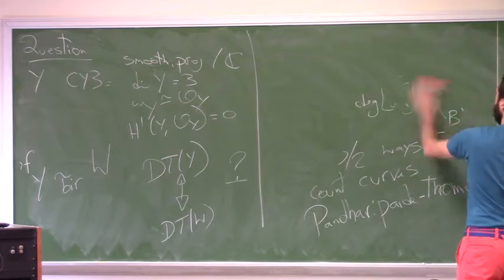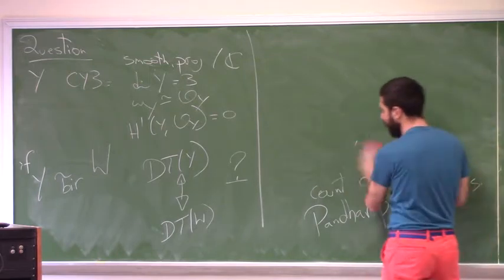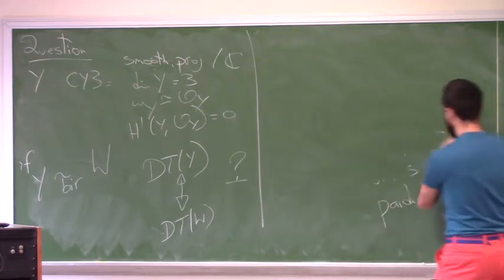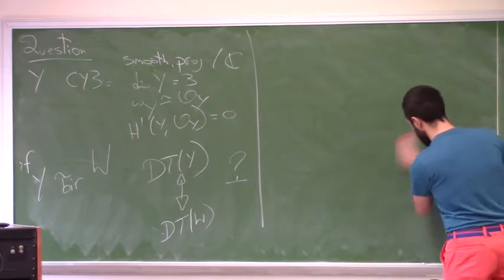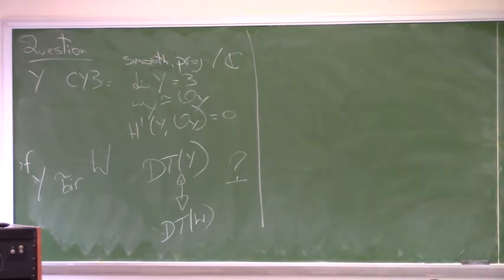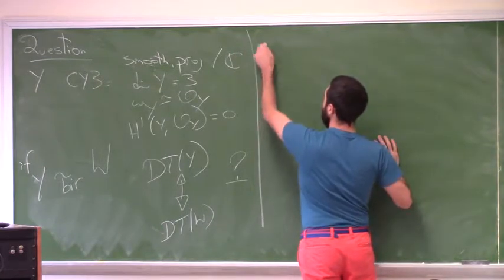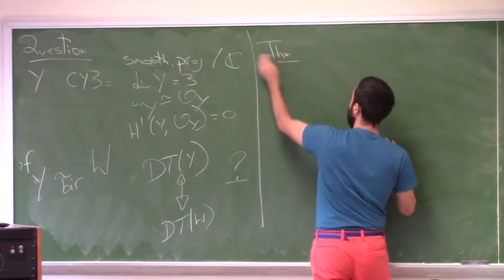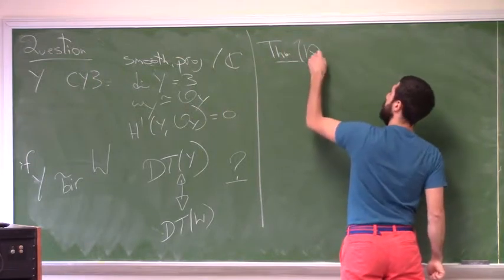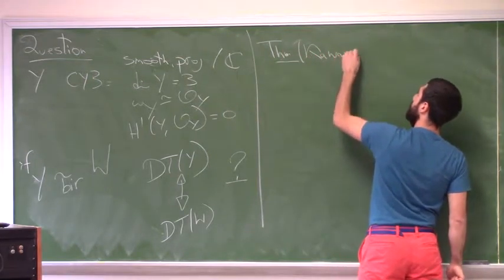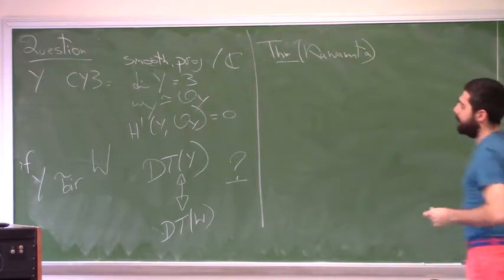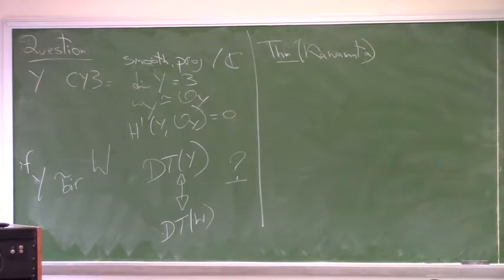And again, if you don't care about the DT invariants, you might care about the Euler characteristics of the Hilbert schemes. So I'm going to give some kind of relationship between these Euler characteristics. So first of all, there's a general fact in birational geometry. I guess the general theorem is due to Kawamata. I think, just for the case I want, it might have been by Kollár before this.